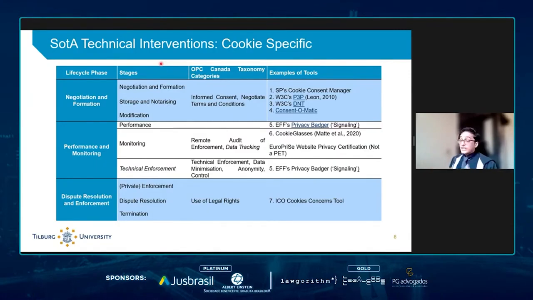And even when it was adopted, there were significant problems with service providers acting opportunistically, abusing the notation and miscommunicating their privacy practices.